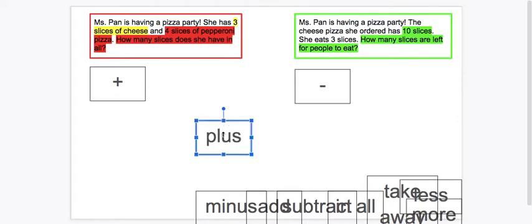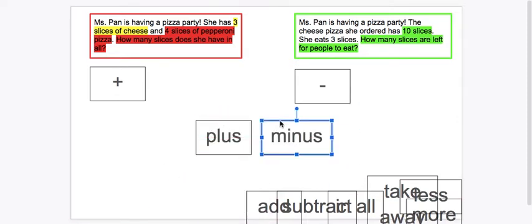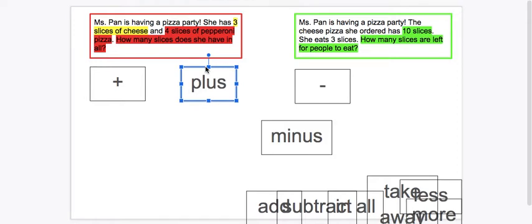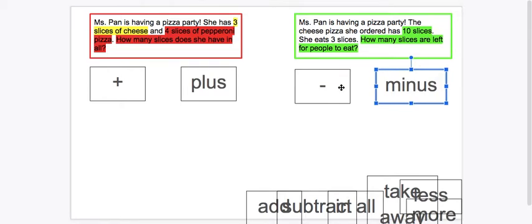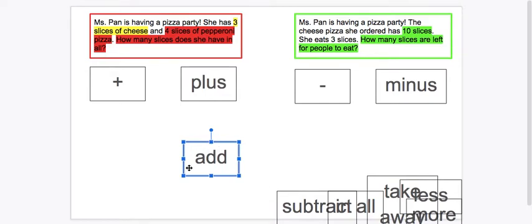We also used the words plus and minus just now, and we said that in addition, we use the plus sign, so the word plus has to go on the red side, and the word minus will go on the green side, because this is a minus sign. Nice job. Here are two other words, add and subtract.